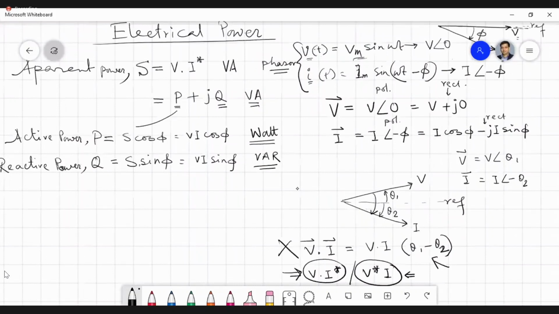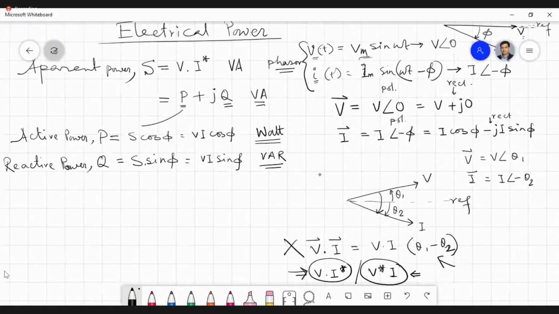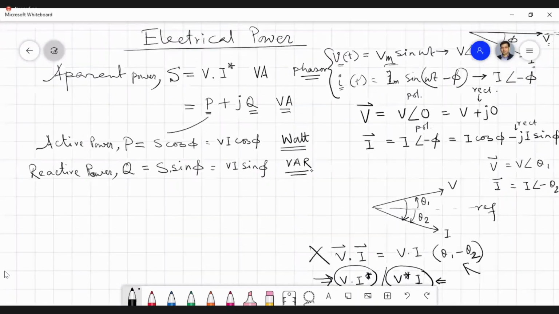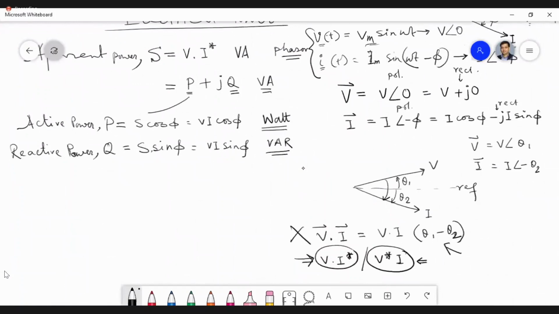Yes, sir, it's clear. Anything else? Okay. So in the next class, we'll discuss the current, power, energy, etc. What is the definition of a transformer? What does it transform? That we'll discuss in the next class.